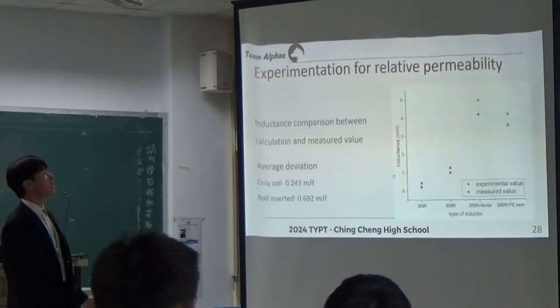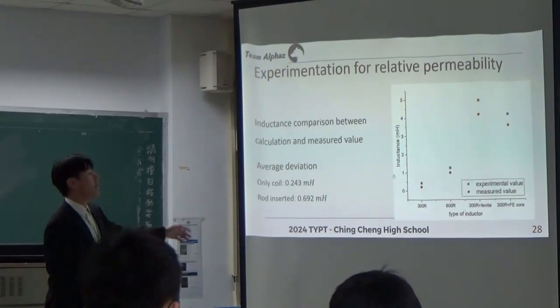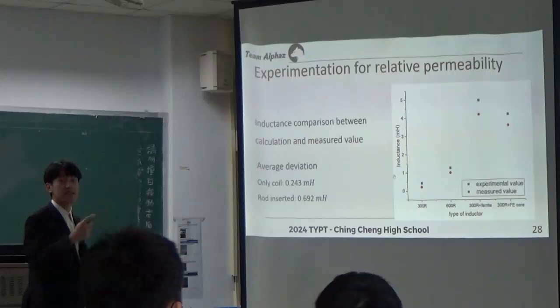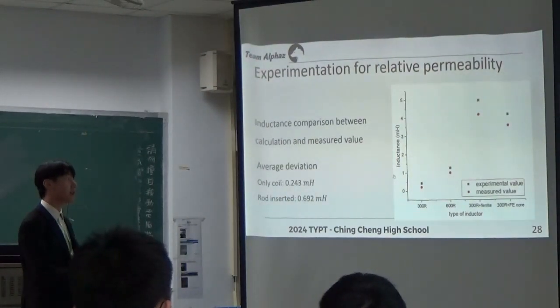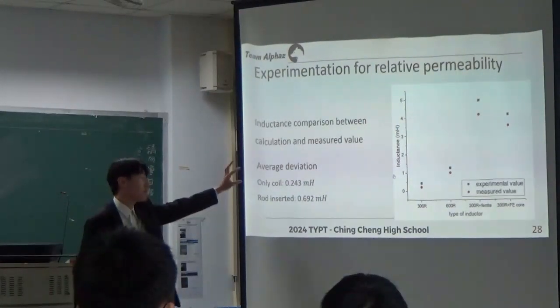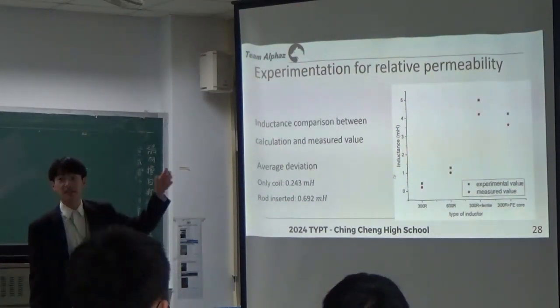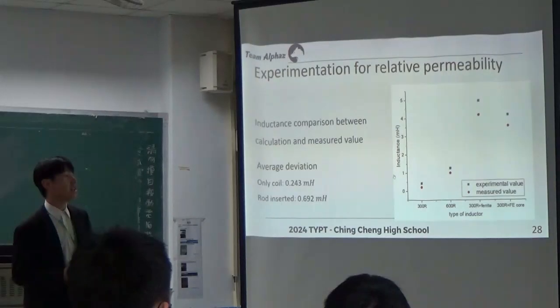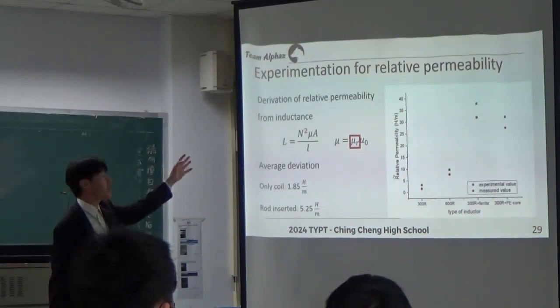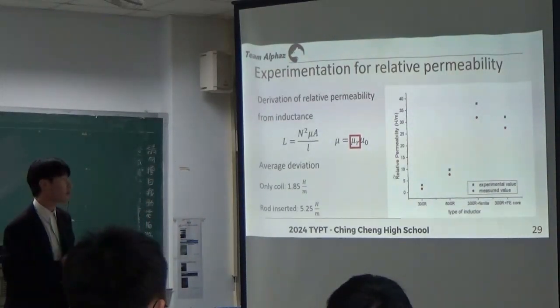And there is the inductance comparison between the calculation and the exact measured value from the rod. With only the coil, there is only a small deviation, but when the rod is inserted into the inductor, the deviation becomes bigger. And here we can use the inductance to calculate the relative permeability from the formula.